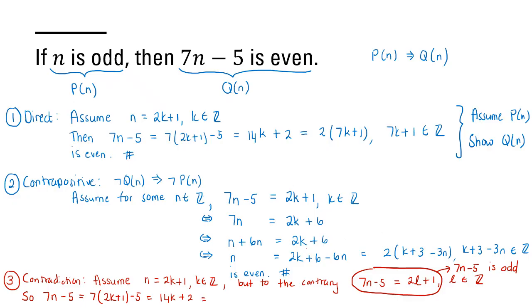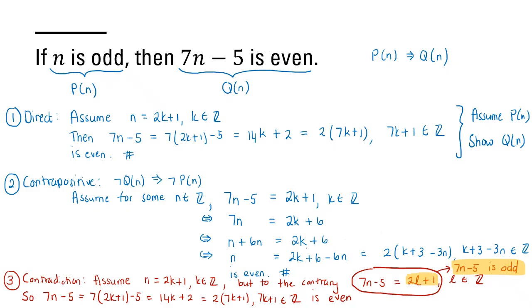And this we already did in proof number 1. We can write this as 2 times (7k plus 1), where 7k plus 1 is an integer, meaning 7n minus 5 is even. So in our assumption, we assumed 7n minus 5 is odd, equal to some 2l plus 1.